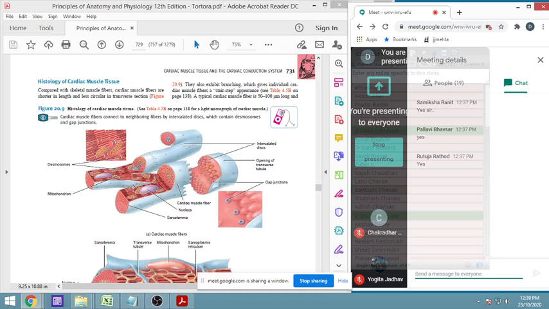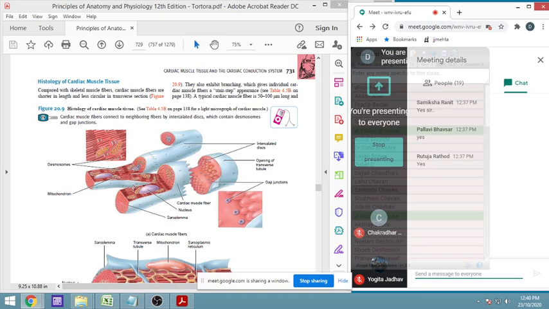Here these cells are combined together, one cell, then a second cell, and they are connected with each other. This is known as junctions. When you study tissue, you will learn about the various junctions. If you have not read it, please read it, it is very important and will be helpful to you.